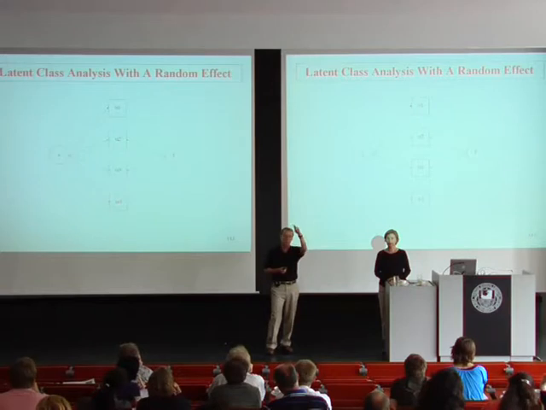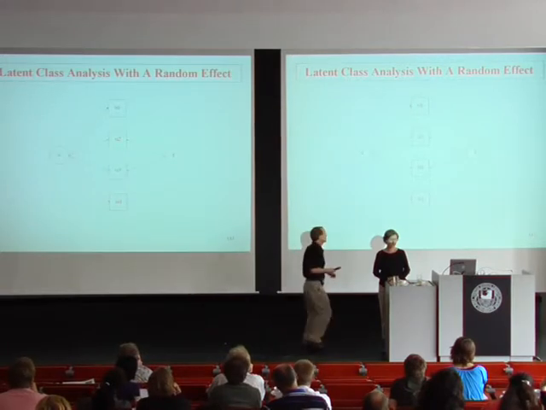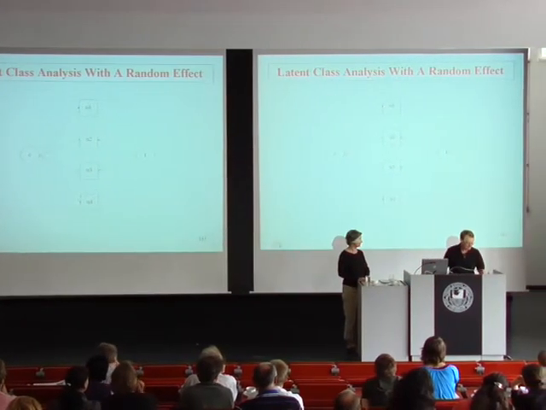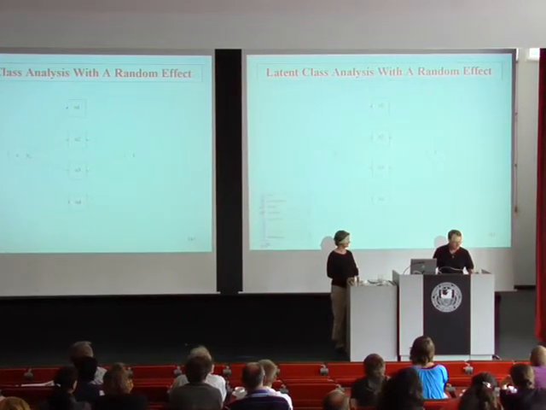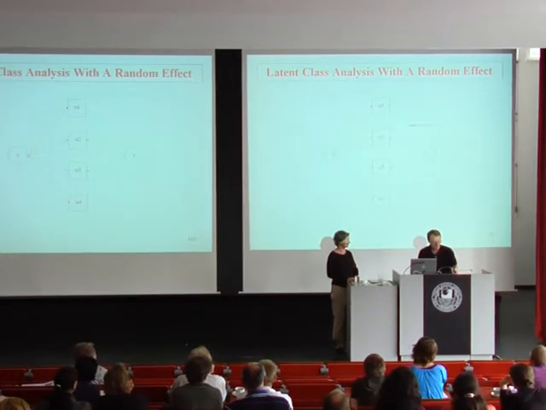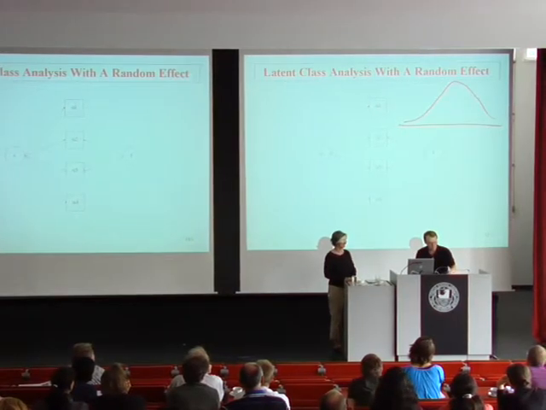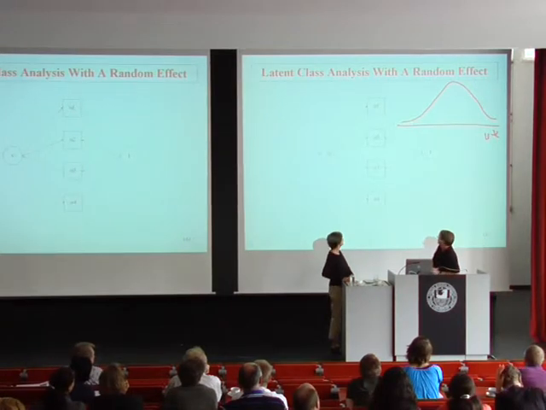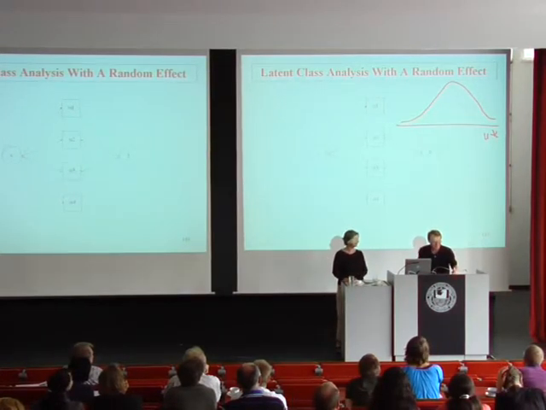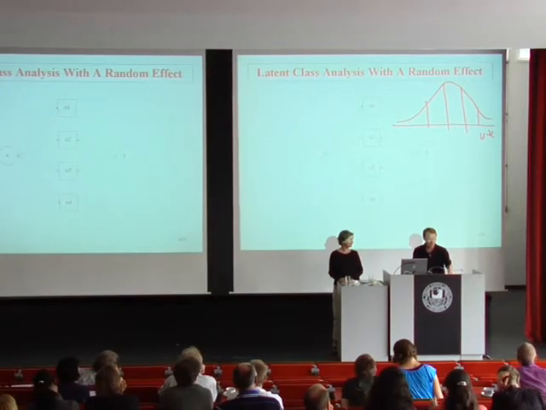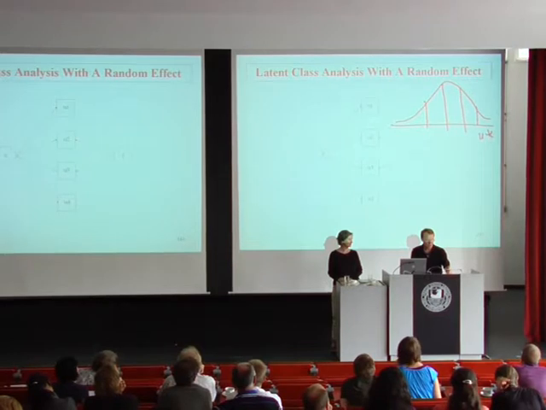So think about a normally distributed continuous variable. Well, actually, you don't have to think about it. You can actually draw it. So you have an ordinal or response variable. Let's call it u star. And then you have these different thresholds, 1, 2, 3, 4 thresholds, which gives you categories 1, 2, 3, 4, 5, right?